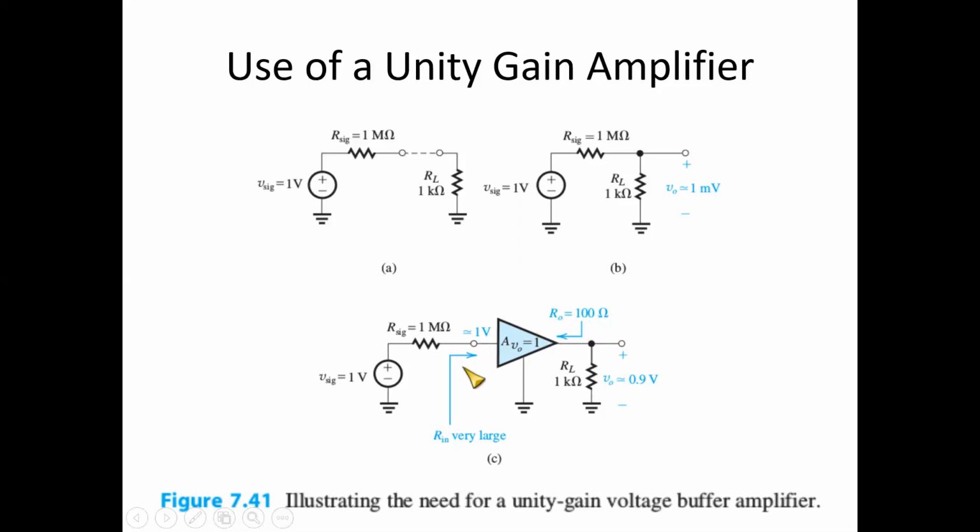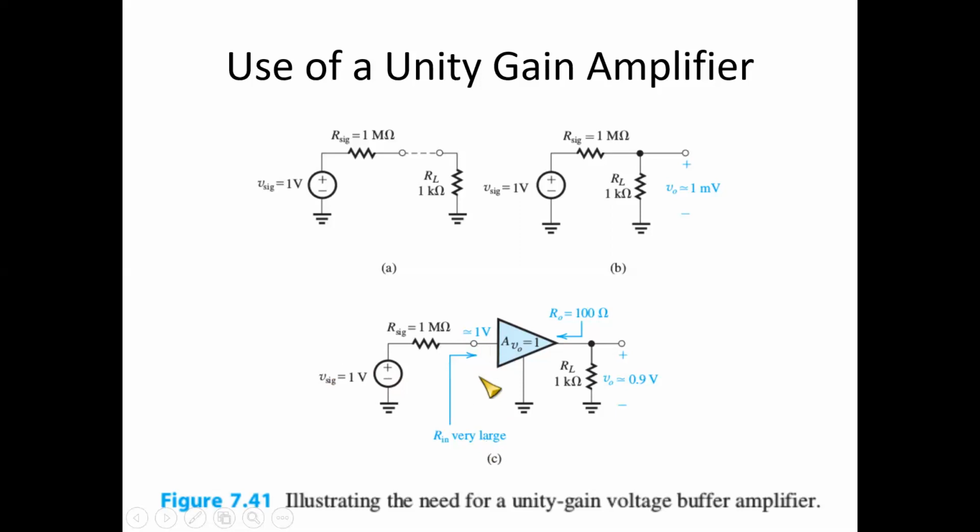An ideal unity gain amplifier is supposed to have infinite input impedance and very, very small output impedance. Because the input impedance Rin is almost infinite, or very large compared to R sig, the V sig appears at the input terminal. That means Vi is equal to 1 volt, the same as V sig, because the input resistance is infinite.